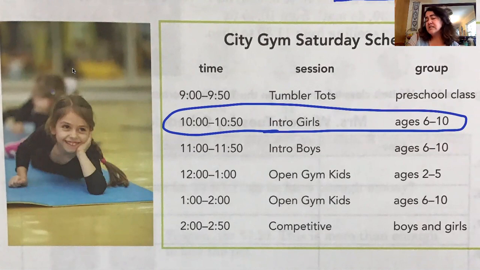And how long is it? What time elapses when we're in that class? What is the elapsed time? Well, we know that from 10 o'clock to 10:50, if I use my clock, I would go from 10 o'clock around to 10:50. It's 50 minutes. Okay, 50 minutes for that class.